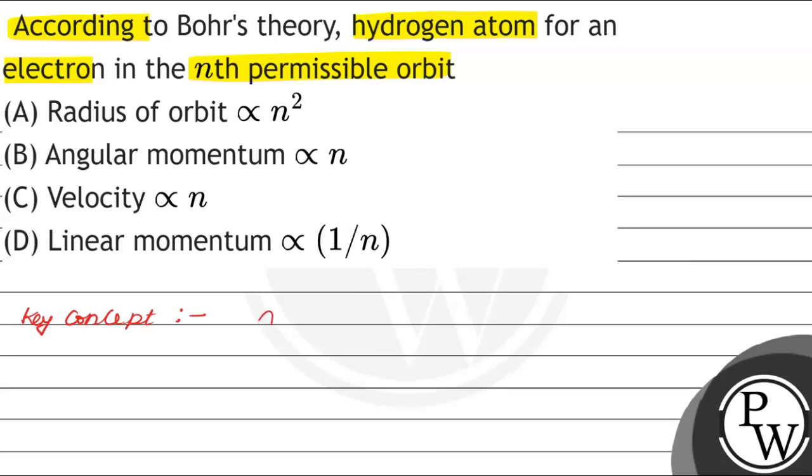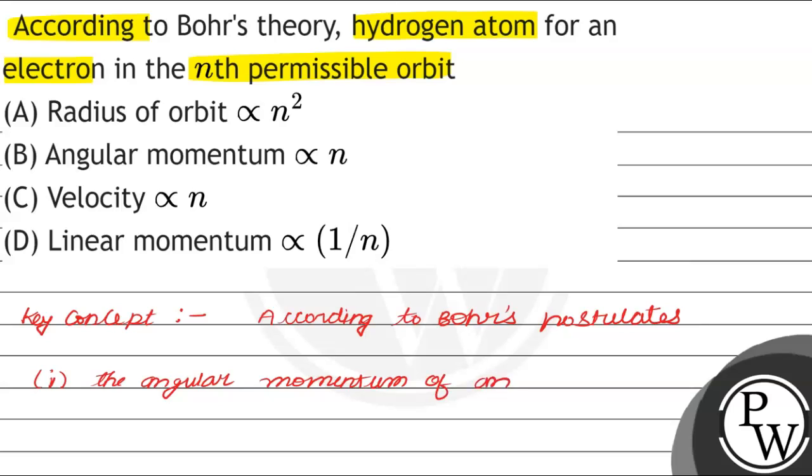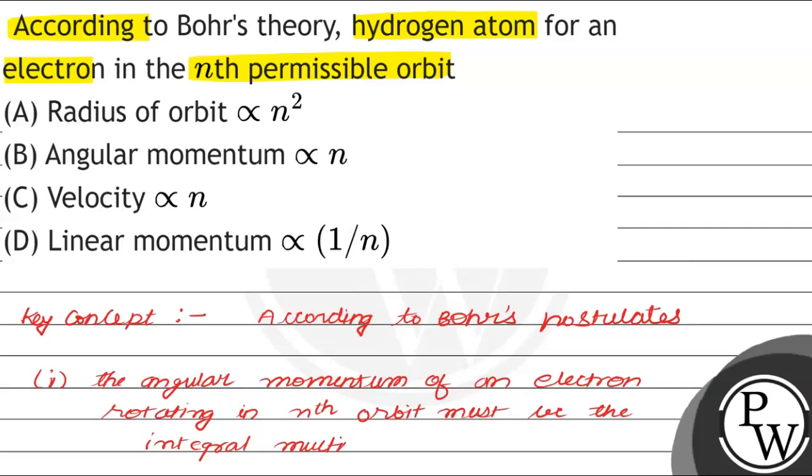that according to Bohr's postulates, the angular momentum of an electron rotating in the nth orbit must be an integral multiple of h upon 2 pi.